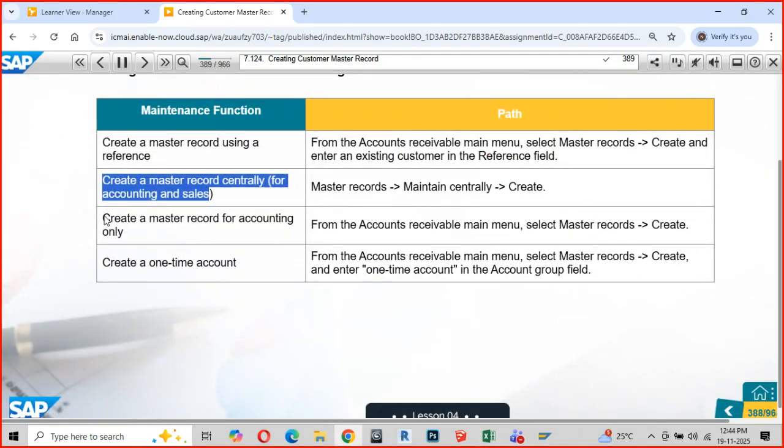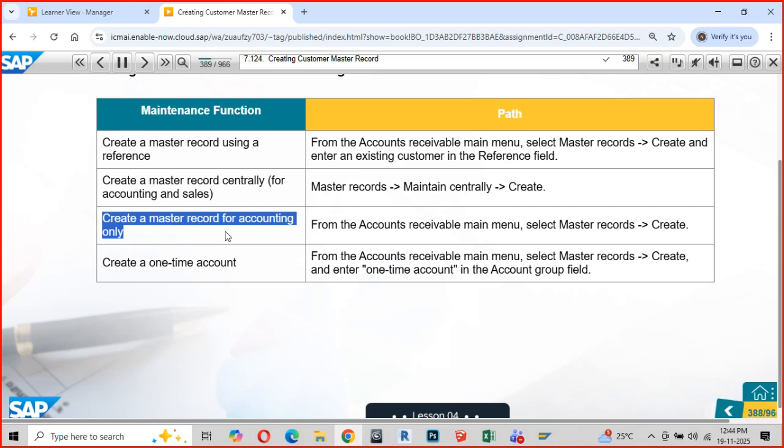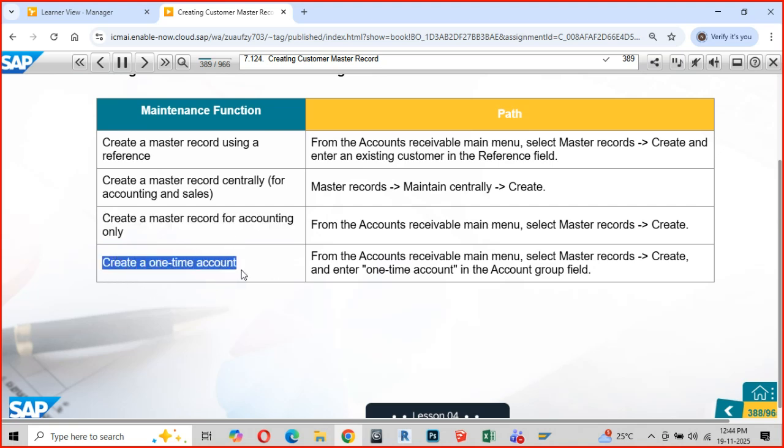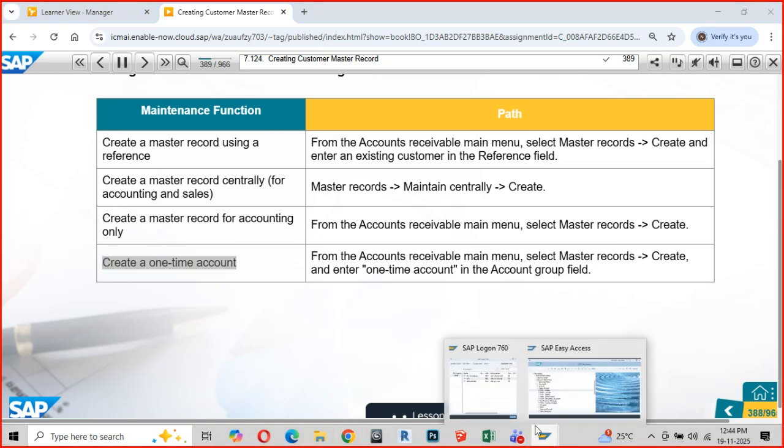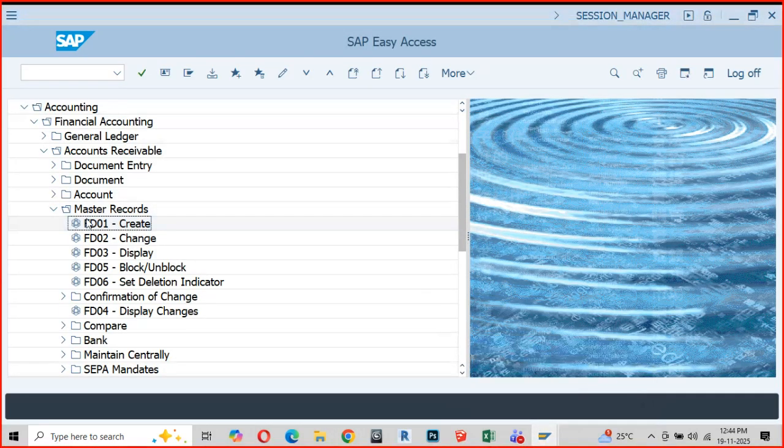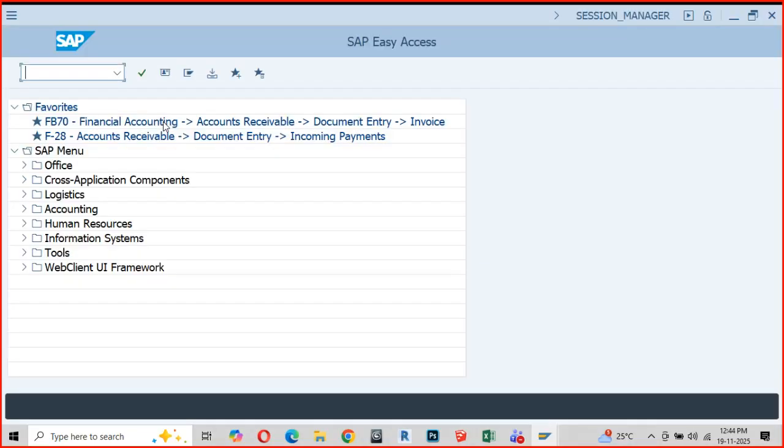Create a master record for finance only. Create a one-time account. Did we discuss what a one-time account is? Do you remember where we saw this? Does anybody remember? We have definitely discussed this.